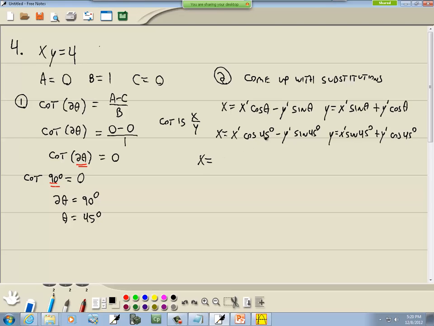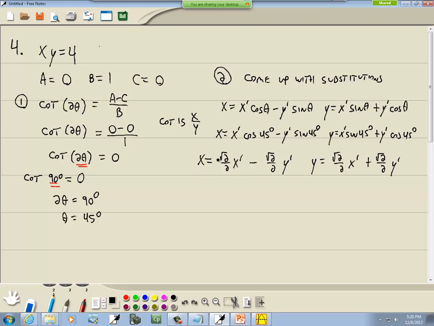Well, cosine of 45 degrees is square root of 2 over 2, so this gives us square root of 2 over 2 x prime minus sine 45 degrees, which is square root of 2 over 2 y prime. And then y is going to equal square root of 2 over 2 x prime, so that's sine 45, and then cosine 45 is also square root of 2 over 2 y prime.